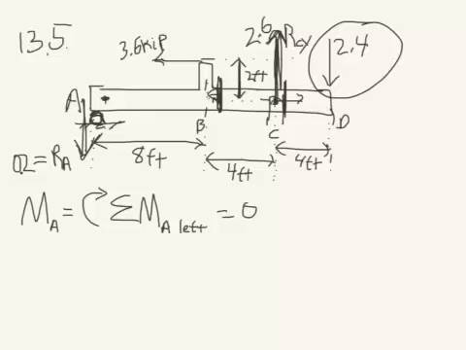The next thing we have to find is the bending moment just to the right of B. And the reason I say just to the right of B is that so we know we're supposed to include this 3.6 kip.